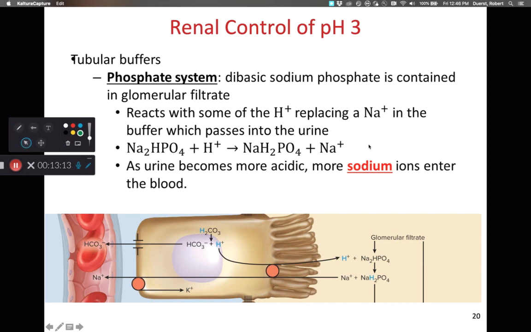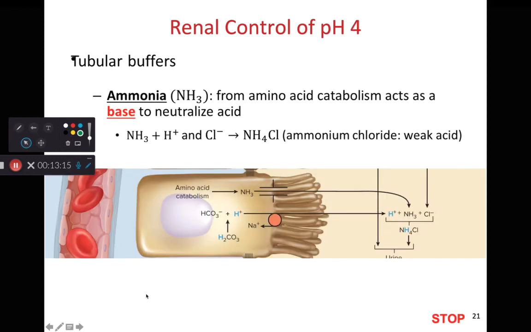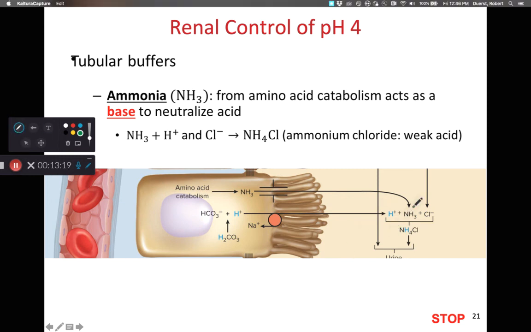This is much simpler than the last slide. And let's talk about the ammonia buffering system. So we have ammonia present in our filtrate. And as we add hydrogen ions to our filtrate, those hydrogen ions bind to the ammonia and will also bind to chloride ions, which are naturally present in the filtrate.